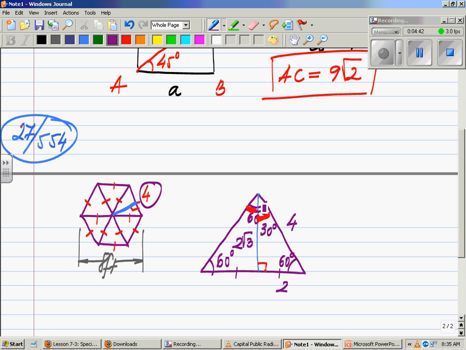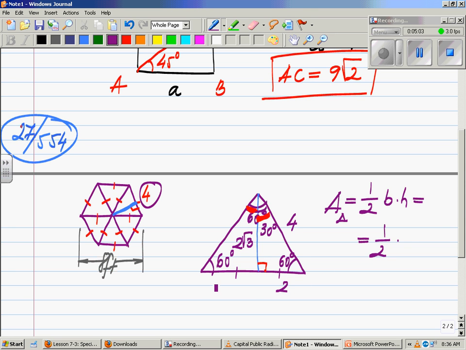So now you know the altitude, you know the base and height. What is the area of this triangle? Half base times height, right? Which is what? 1/2 multiplied by your base. How big is your base? Be careful.